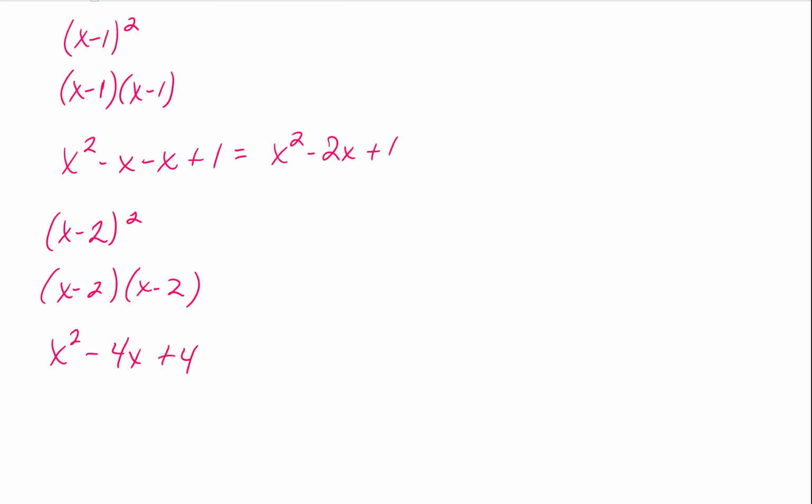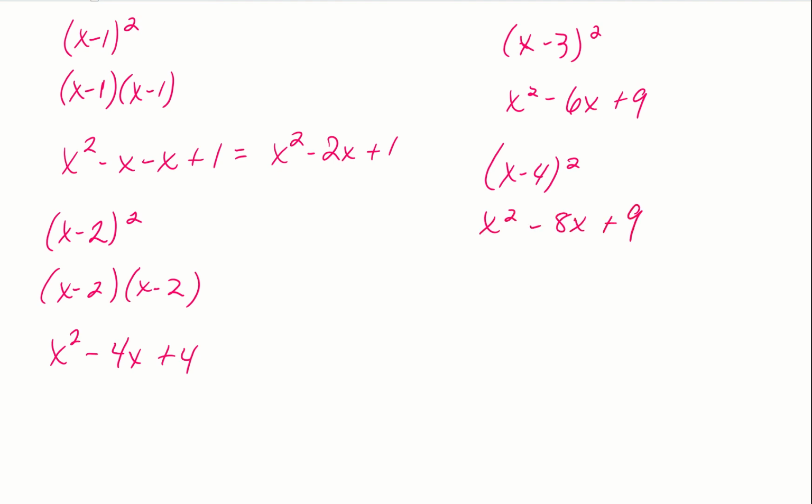And I think you're going to start to see the pattern. x minus 3 squared gives us x squared minus 6x plus 9. And x minus 4 quantity squared gives us x squared minus 8x plus 16. So you start to see a similar pattern as when it's x plus 1, with the exception that we're subtracting the middle term.